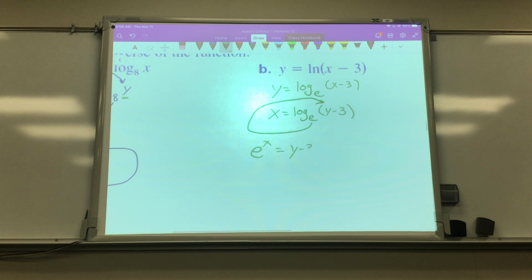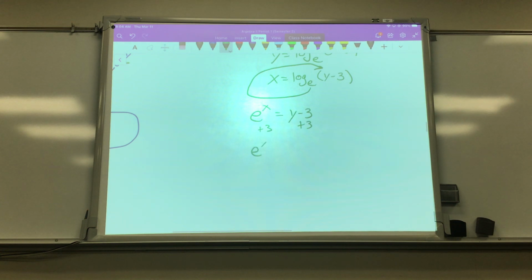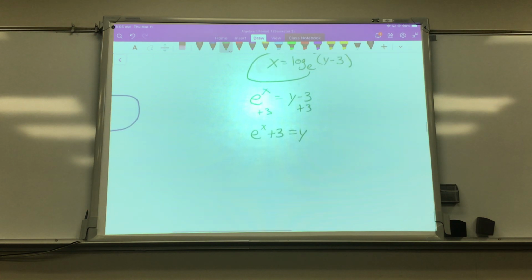So y minus 3. But now we got one more step, correct? I got to add 3 to both sides, so then e to the x plus 3 is equal to y. Aubrey, what's that final step I need to make sure to take? F inverse of x, yep.